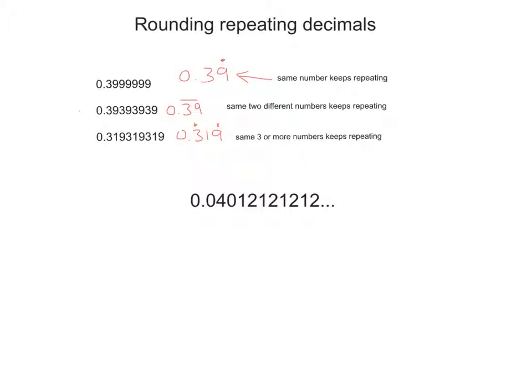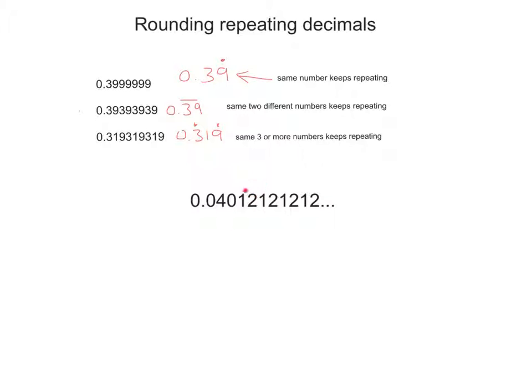Okay, so let's test our knowledge on what we've learnt so far. So let's look at this number here. We have 0.040121212. So we can see that the first three decimals here aren't necessarily a pattern, but there's definitely a pattern occurring over here. Now, the pattern is the same two different numbers that keep repeating.